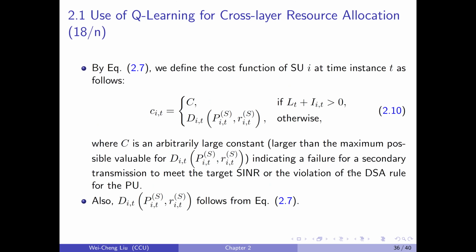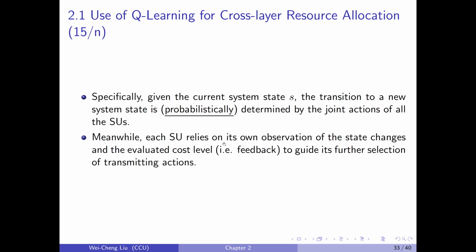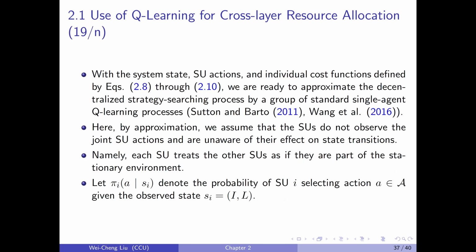Okay, let us review this symbol. Okay, capital A is the set of system actions, given the observed state s_i, where s_i is the state of secondary user i. So s_i is equal to a pair (I, L).